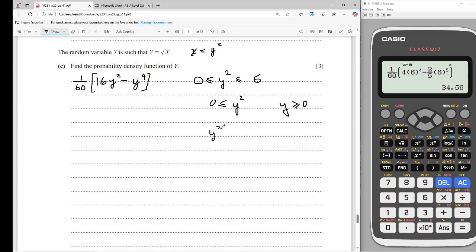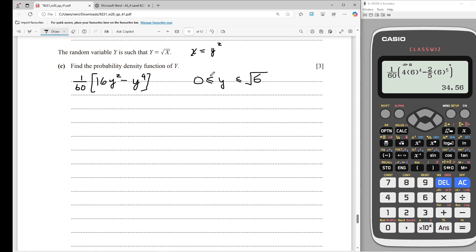And y squared being less than or equal to 6 means that y is less than or equal to the positive root of 6. Therefore this is our range of y. Let's cut down on the working a little bit and just put this as our range. We just need to add the root and remove the exponent.